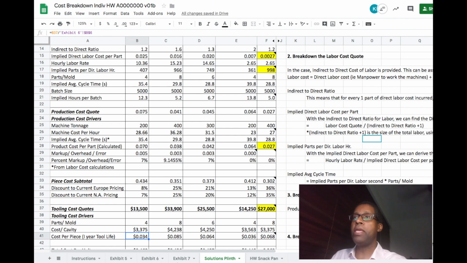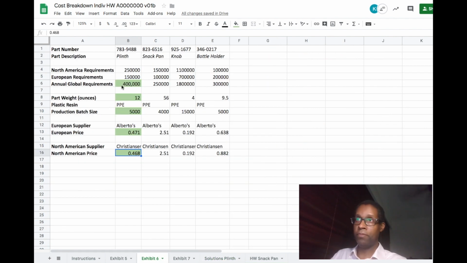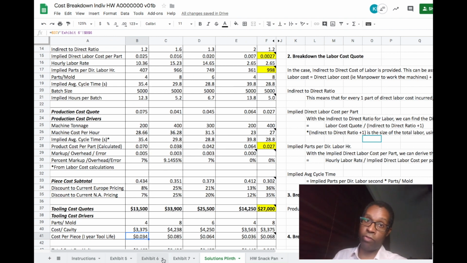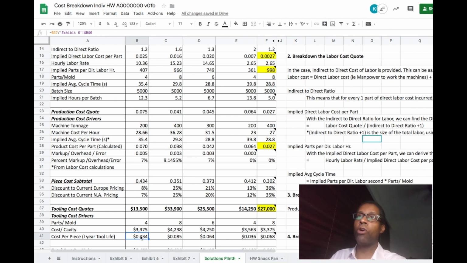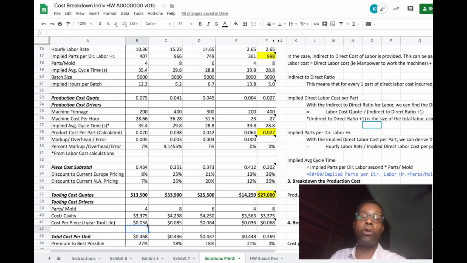This is B6. That's the annual total volume, because what we're thinking is let's put the entire global volume through one of these suppliers. And so then this gives us our number, 0.034. We're going to add that into our piece cost subtotal. So the tooling cost spread across an entire year, adding that in, that gives us our total cost per unit.